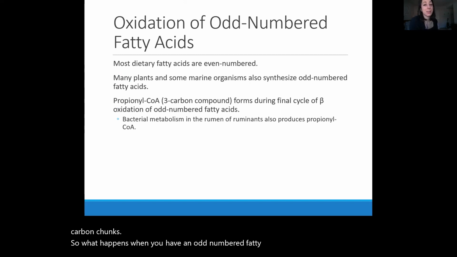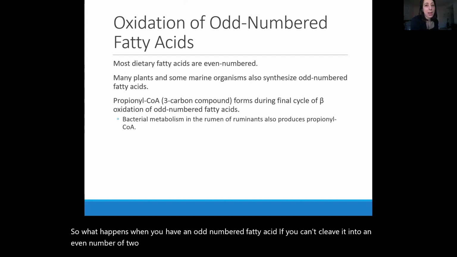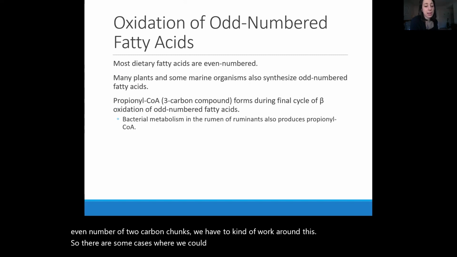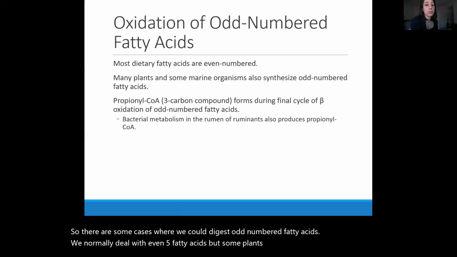If you can't cleave it into an even number of 2 carbon chunks, we have to work around this. So there are some cases where we could digest odd numbered fatty acids. We normally deal with even number fatty acids, but some plants and other organisms do synthesize odd numbered fatty acids.